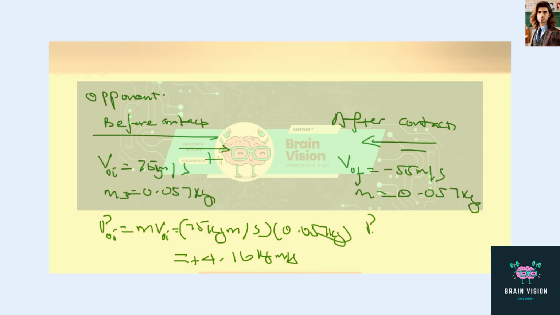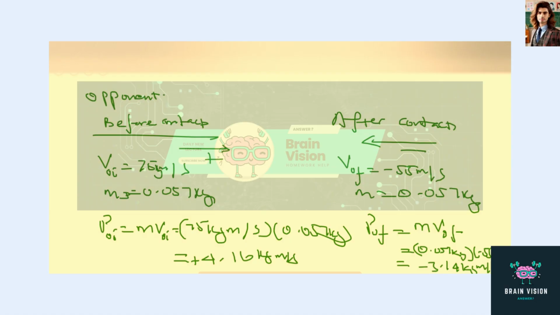The final momentum for the opponent is the mass times the final velocity, 0.057 kilograms times negative 55 meters per second, which ends up being negative 3.14 kilogram meters per second. You just want to make sure that your numbers are right.